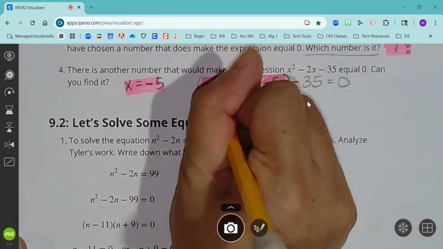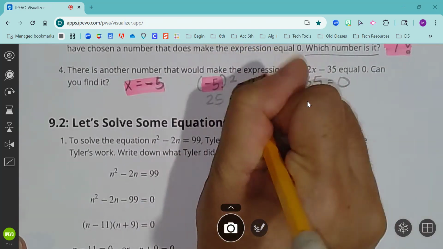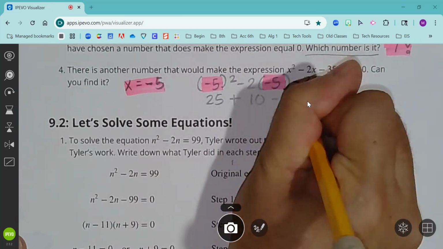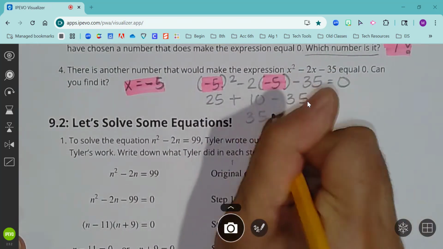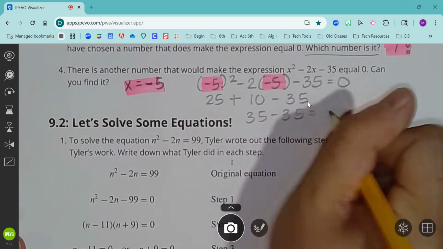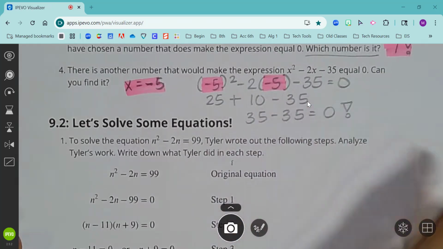It's 25 plus 10 minus 35. That's 35 minus 35, which equals 0.